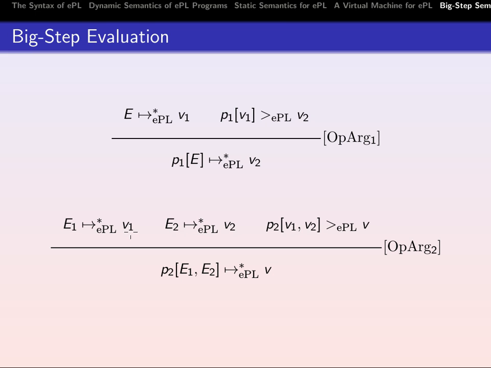If E1 evaluates to V1 and E2 evaluates to V2, right, and whatever is left is P, V1, V2, and we know that that contracts to V, then we can say that P, so binary operator applied to E1 and E2 evaluates to V. Okay? So that is essentially basic transitive closure. Cool? And this is the big step evaluation. So that's the big step semantics.